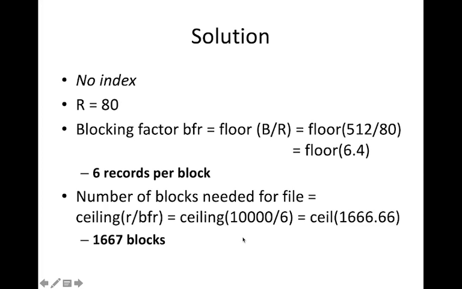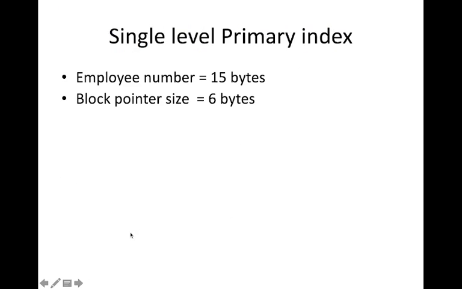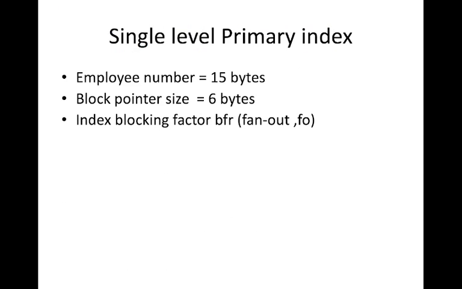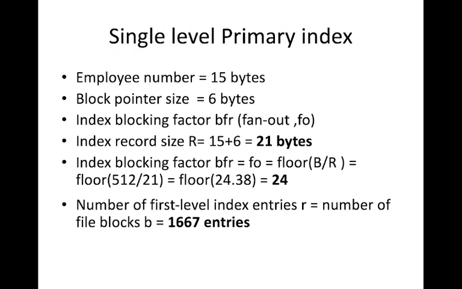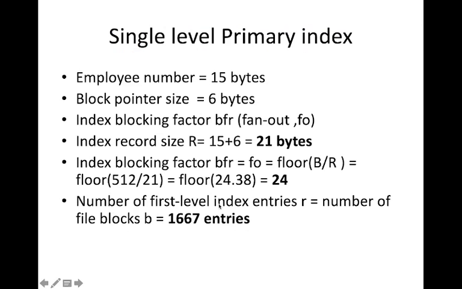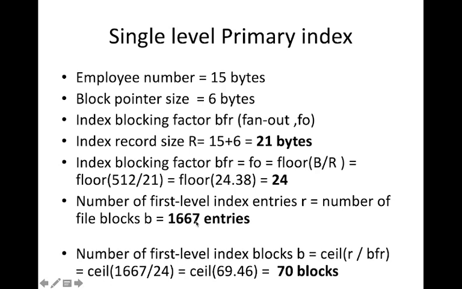If we have 10,000 records, this is actually the data file. 10,000 by 6, we get 1667 blocks. We are creating an index for that data file, so the number of first level index entries will be the number of file blocks, that is 1667 entries.